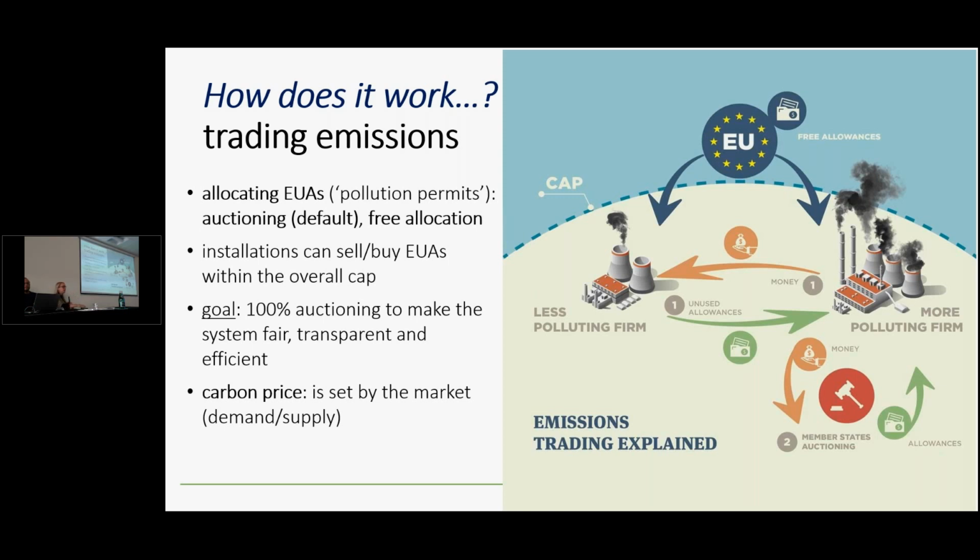That's the principal idea. But at the moment, we also have this mechanism, free allowances. So there's a second stream of allowances going into the system, and this is actually quite problematic, which we will see later. These are allowances that are handed out for free to certain industry sectors in order to cover their CO2 needs. Why? It's quite simple.